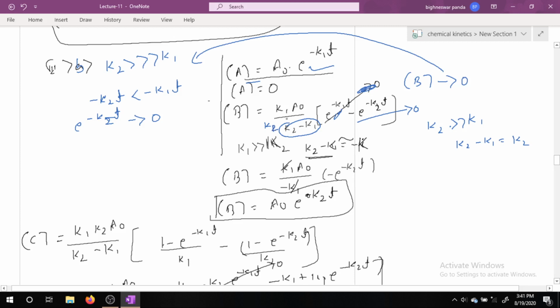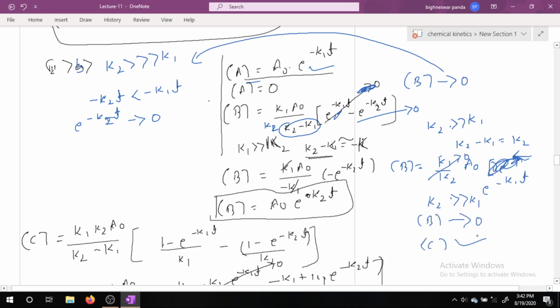We have the constant k1 by k2, since k2 is very much greater than k1, and the value of C we can easily simplify.